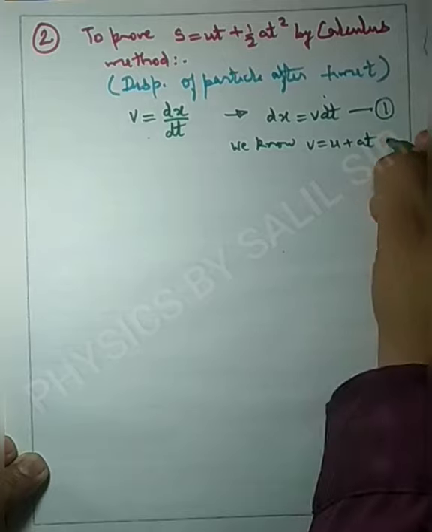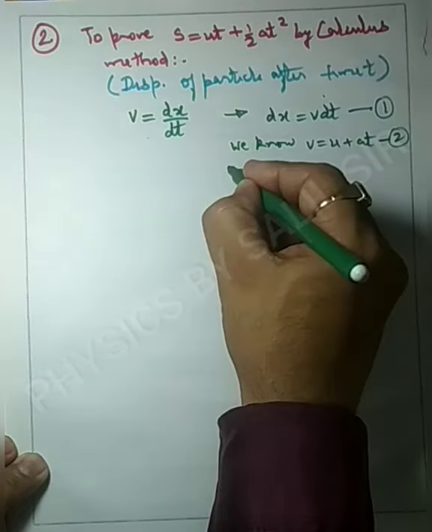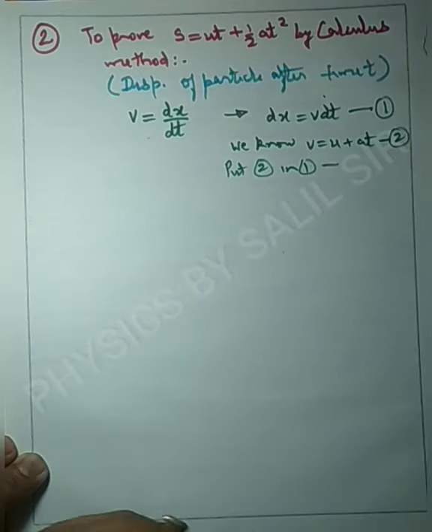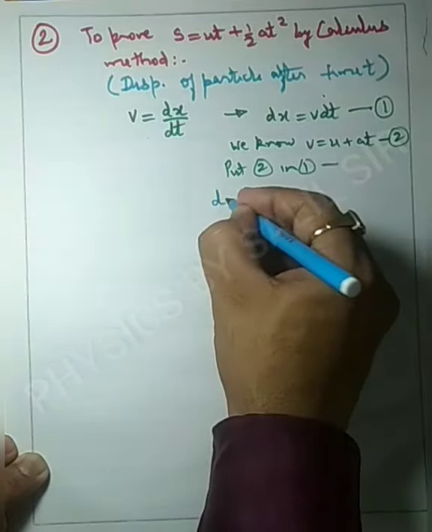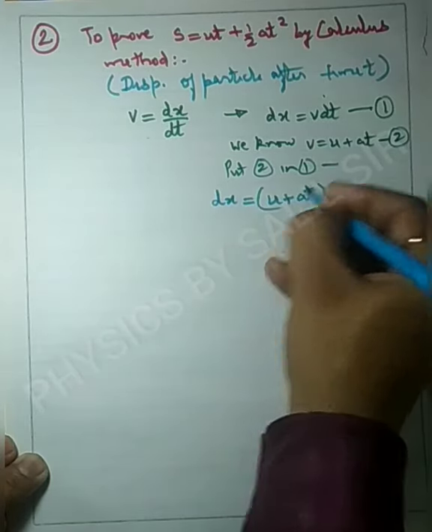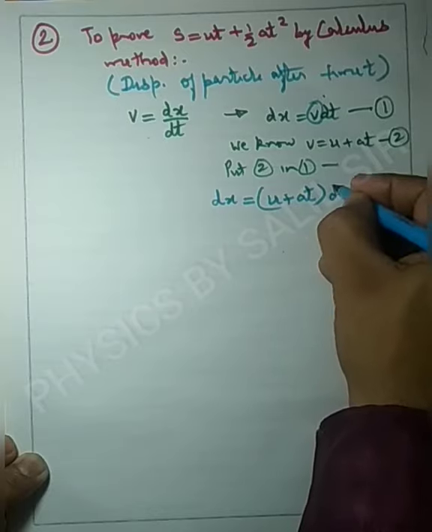Suppose this is first equation, this is second equation. Put second in first. On putting second in first, what we'll get? dx is equal to u plus at in place of this v, into dt.